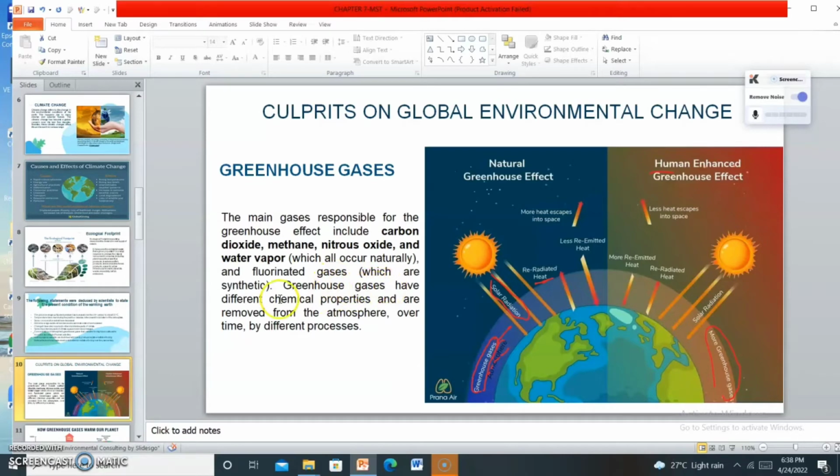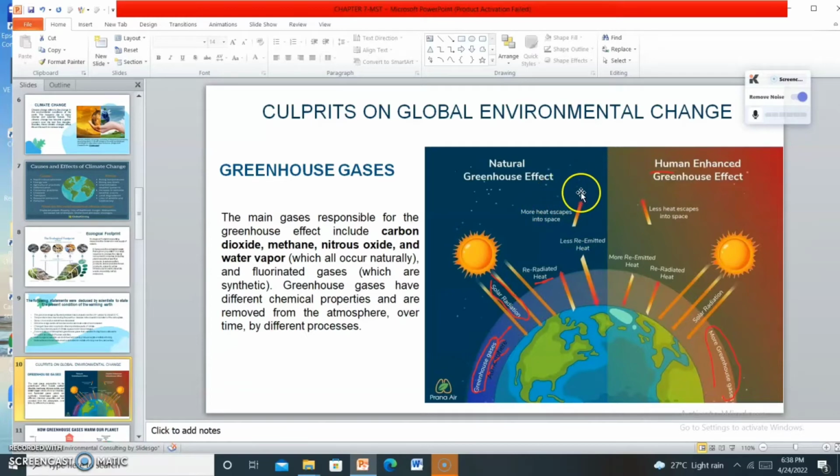Greenhouse gases have different chemical properties and are removed from the atmosphere over time by different processes. So you can see the natural greenhouse effect with the solar radiation and generated heat, with less emitted heat, covered by the atmosphere, and that is the greenhouse effect.